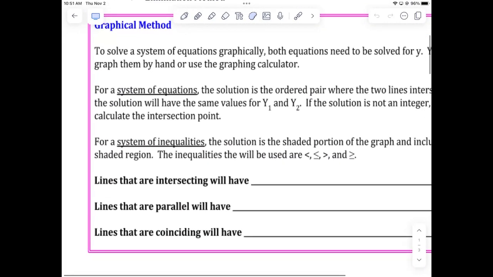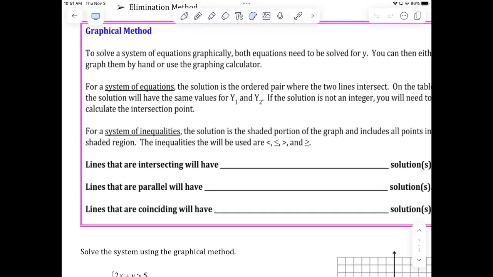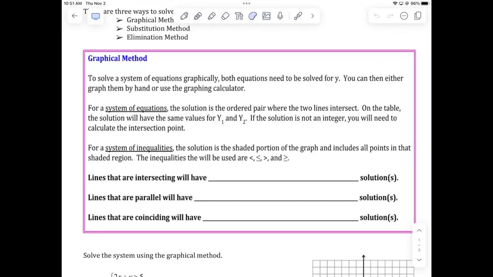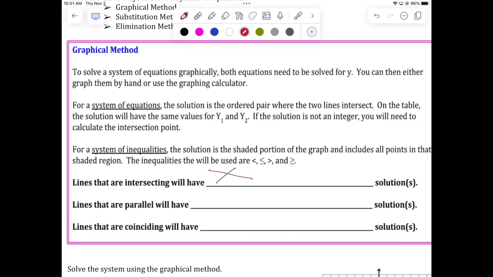All right, so for the graphical method, let's fill in the blanks down here. Lines that intersect will have how many solutions? Like we had in the warm-up, let's color code it. We'll have blueberry coming in here, red berry coming in there, and then we'll write the answer in green.